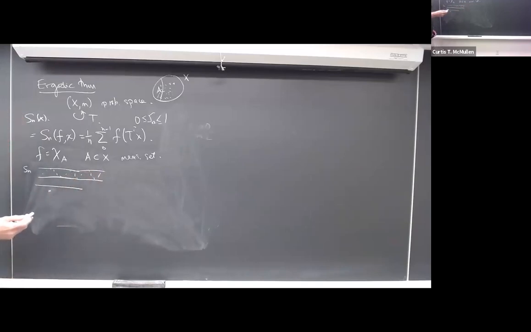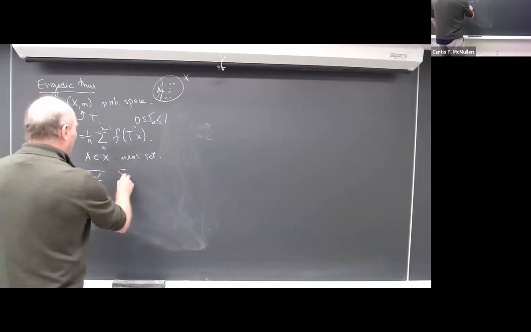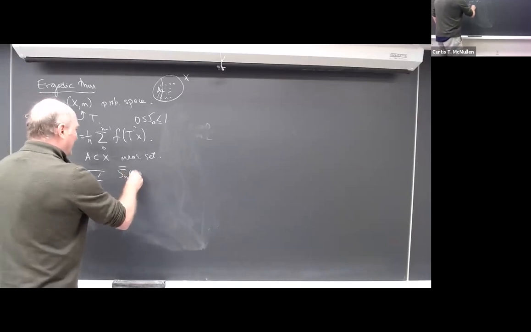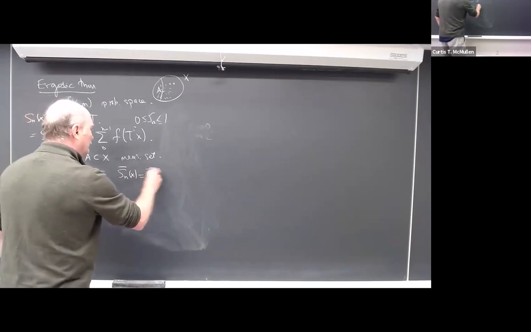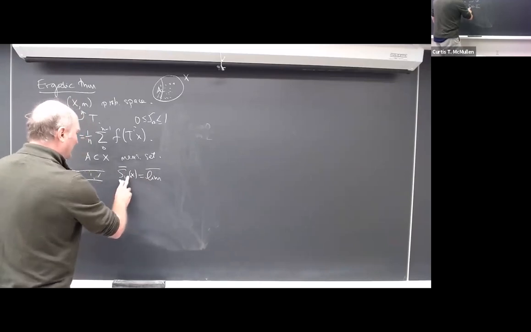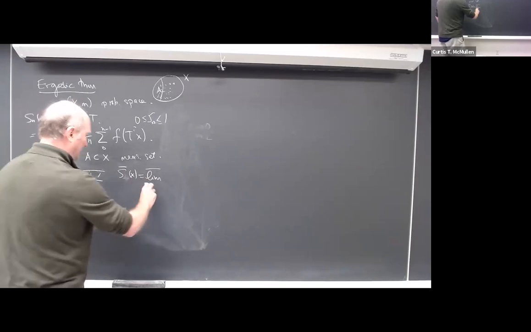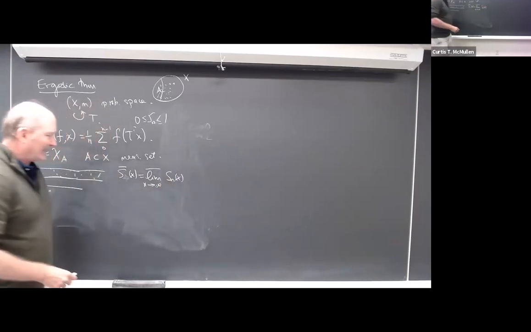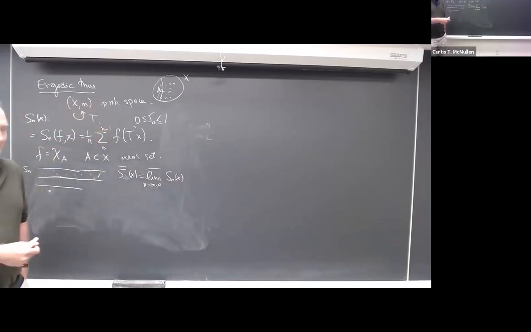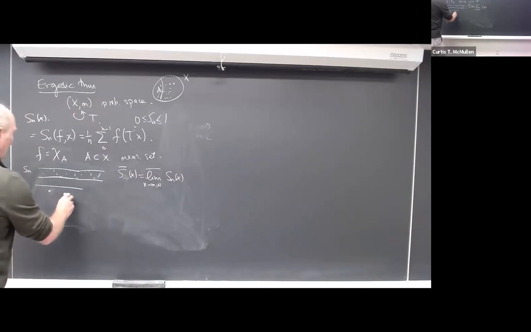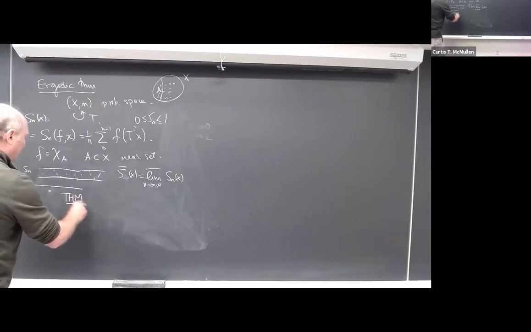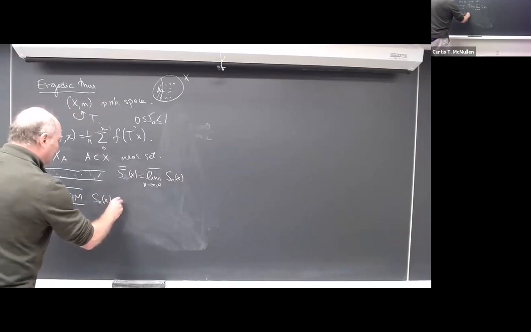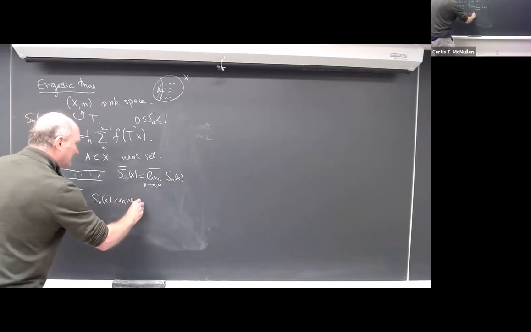But whether or not it oscillates, we can still define the upper limit: S bar of x is the limsup as n goes to infinity of Sn of x. And similarly, the liminf. And what we will show is, so the theorem is going to be that Sn of x converges almost everywhere.